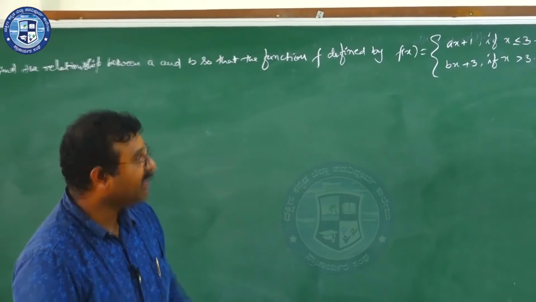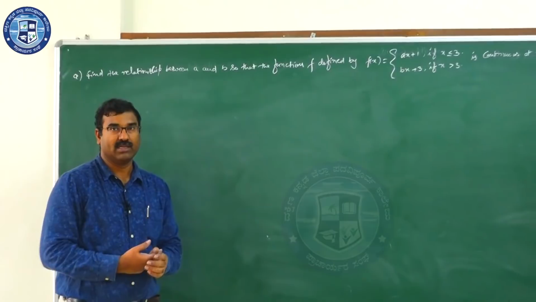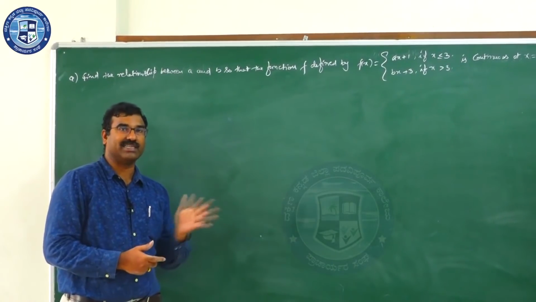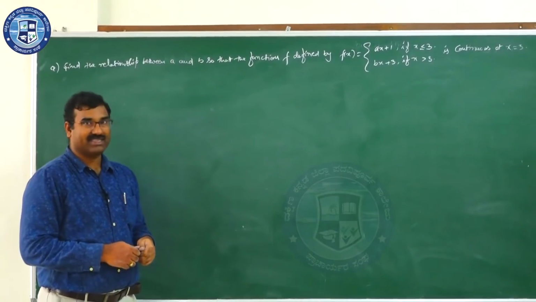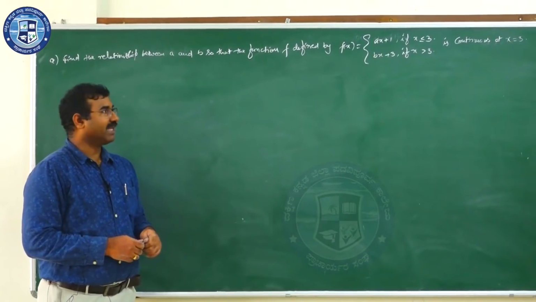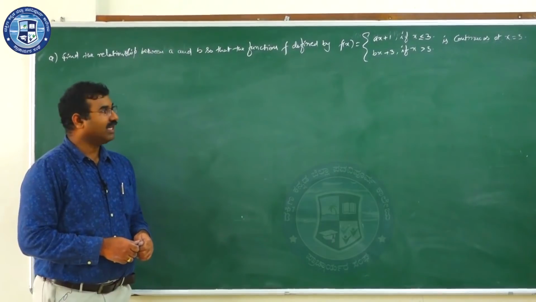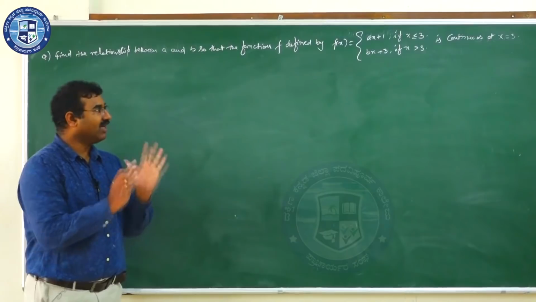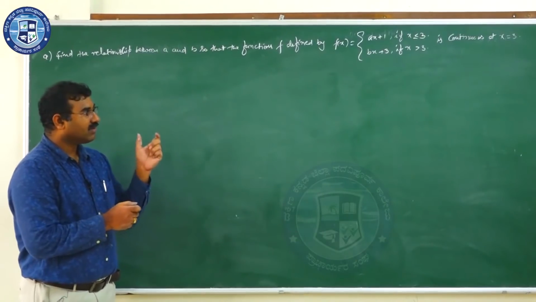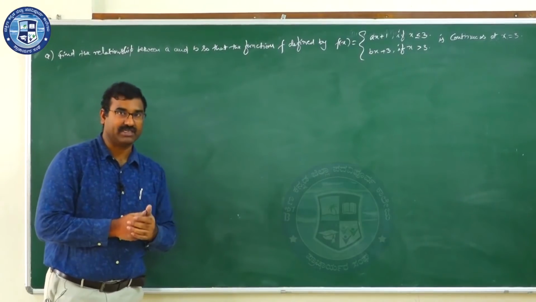Now, they have already given in this problem that the function is continuous at 3. When we say the function is continuous at x equal to 3, the left hand limit of the function at 3 is equal to the right hand limit at x equal to 3, which is equal to the functional value at x equal to 3. All three are going to be equal because they have given it is continuous.